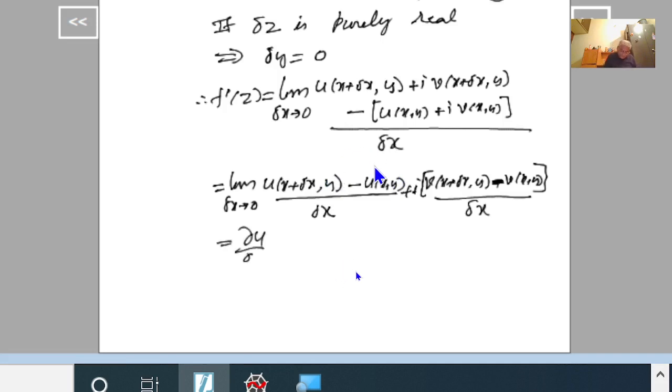Plus i into v of x plus delta x comma y minus v of x comma y divided by delta x, which is the differentiation of v with respect to x, treating y as constant, that is dou v by dou x. I will take this as relation number 2.